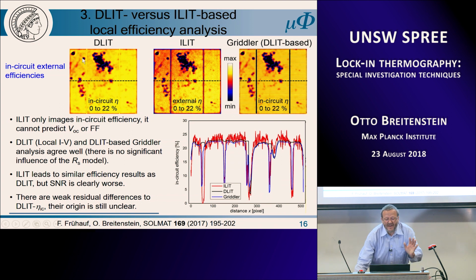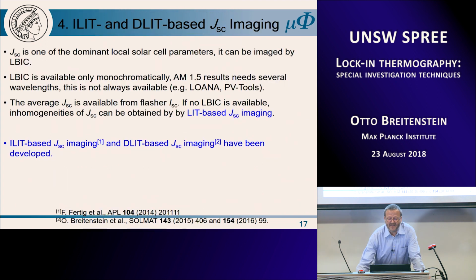And also looking more carefully, these defects appear somewhat stronger here than there. It is not very clear yet where these differences come from. They may come from an inhomogeneous illumination intensity, or maybe also that in this evaluation Peltier effects are not considered yet. Maybe they should. So, well, this was this story.